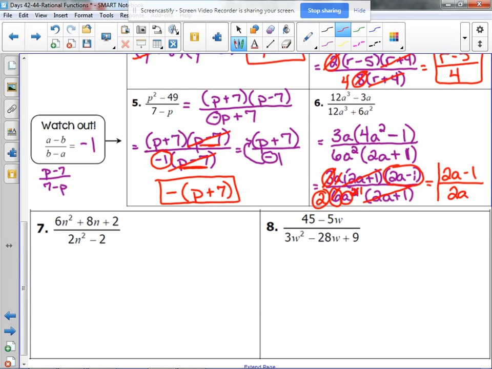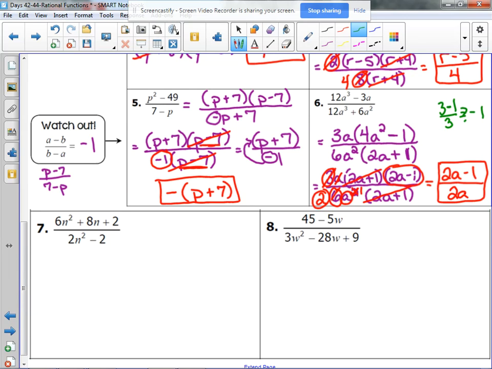Now, I know it is really tempting to cancel those 2 a's right there. You cannot cancel those 2 a's, and here's why. If I replaced the 2a there with a number, let's say 3, then 3 minus 1 over 3. All I've done is taken the 2a and replaced it with a 3 in the top and in the bottom. Is that equal to negative 1? 3 minus 1 over 3, is that equal to negative 1?